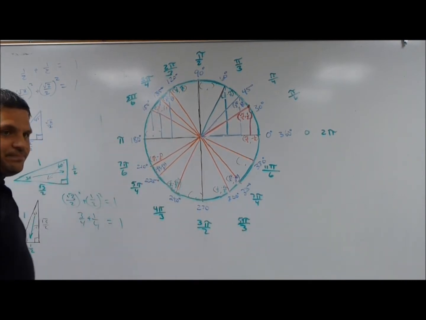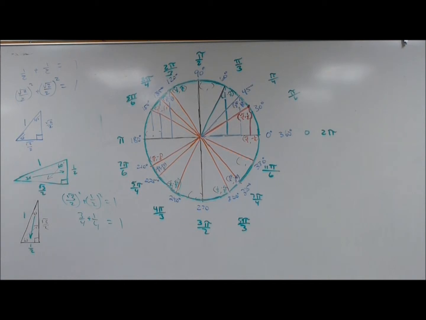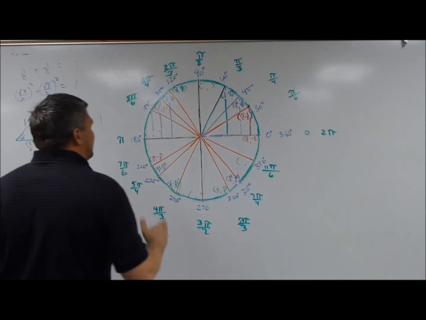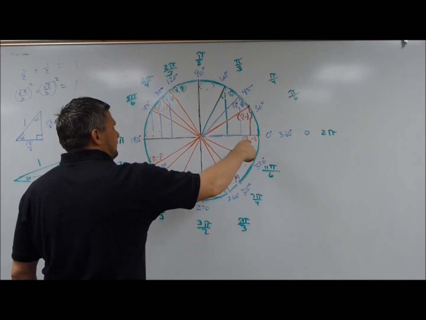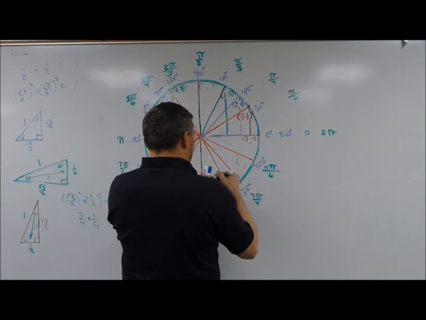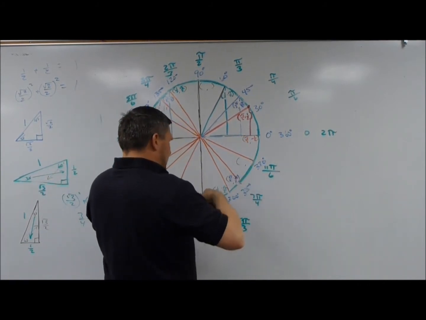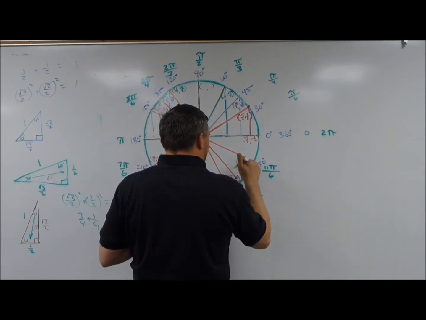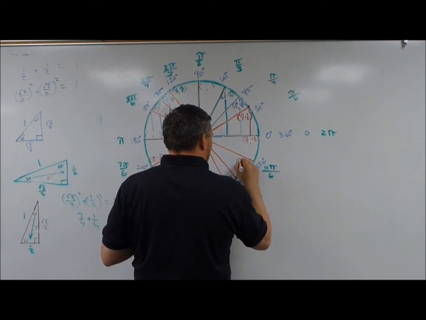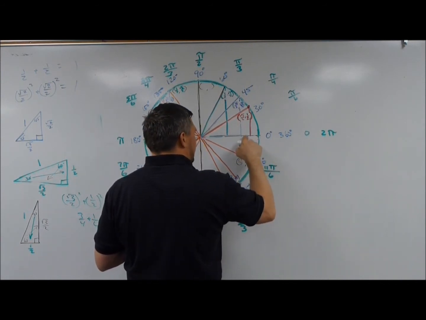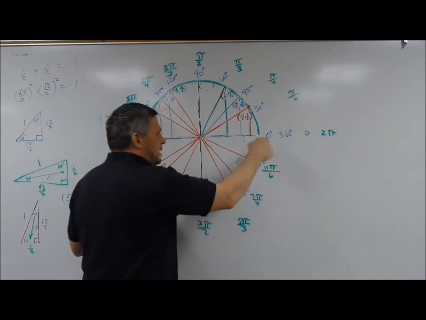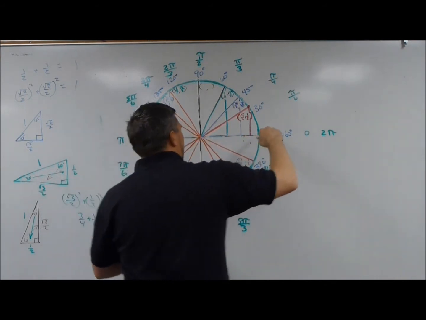Okay? So now let's talk about the easy ones. Oops, this one shouldn't be here. This is actually supposed to be here: square root of 3 over 2 and negative 1/2.